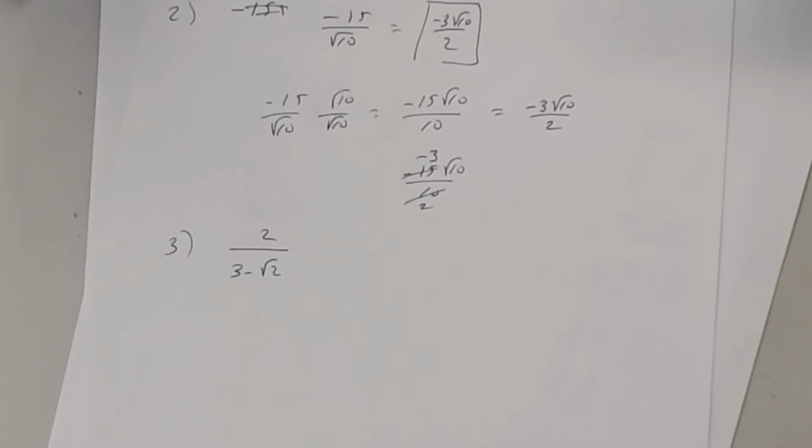Do you have any ideas what you can do? Multiply numerator and denominator by what? Square root of 2. All right. So what he's doing is using the idea we did a while ago.